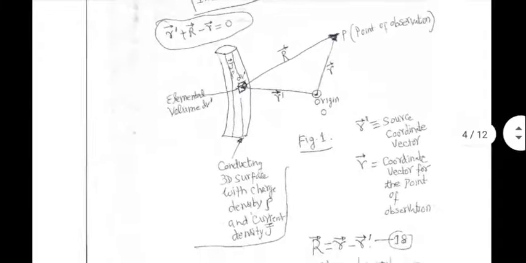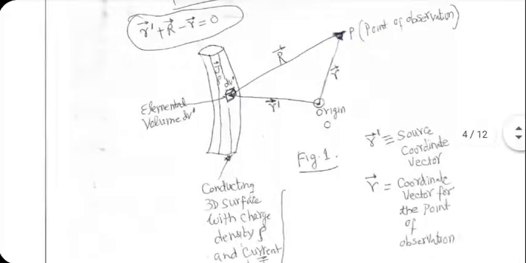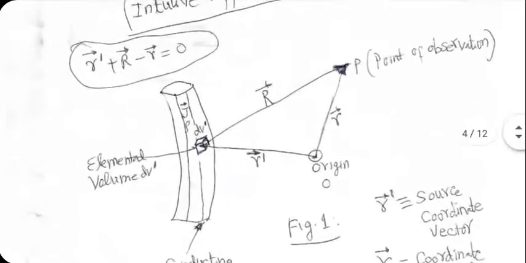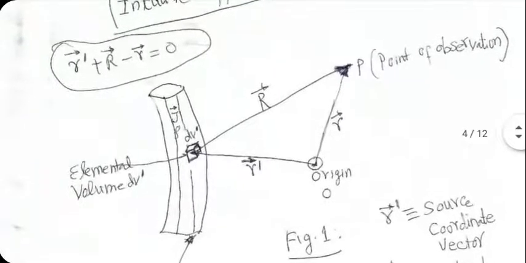It is obvious if you look at the triangle involved that r prime vector plus capital R vector minus r vector is 0. Look at the directions that we have taken.